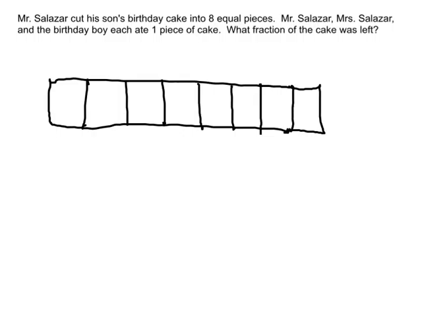Now we know that Mr. Salazar and Mrs. Salazar and the birthday boy each had 1 piece. So we're going to look at these are the pieces that they had. They had 3 pieces. And this is the part that they ate right here. And then this would be the leftover.